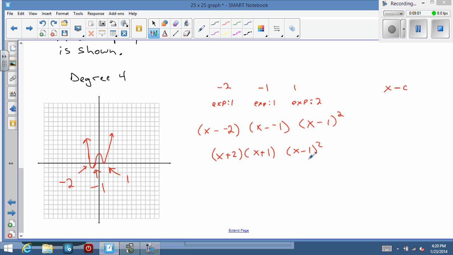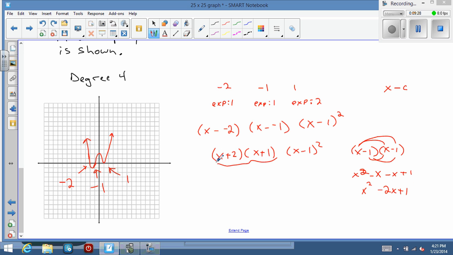So this one, because I have x minus 1 squared, I'll go ahead and do x minus 1 times x minus 1. And when I do the FOIL process for this, I get x squared minus x minus another x, and then plus 1. So x squared minus 2x plus 1.